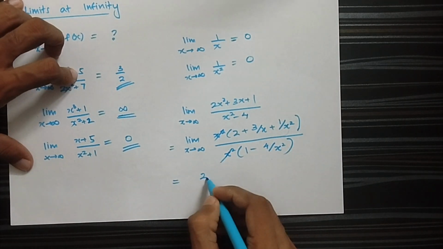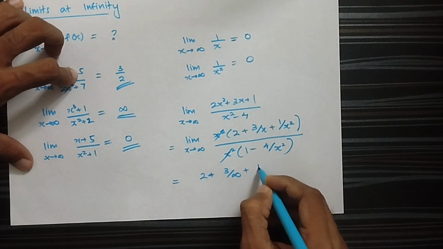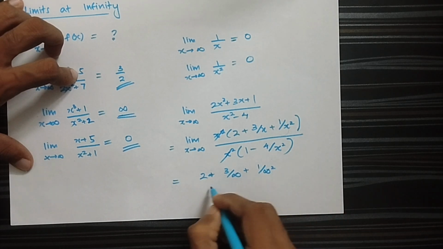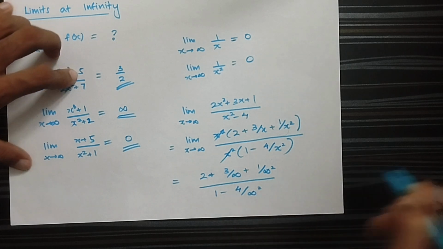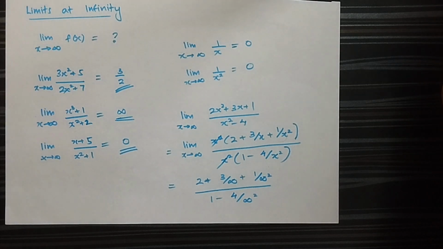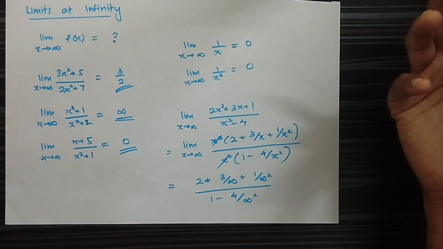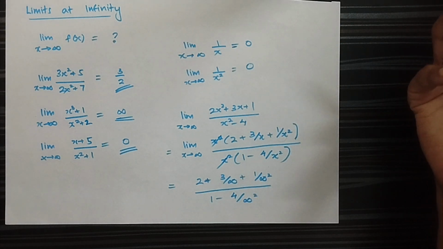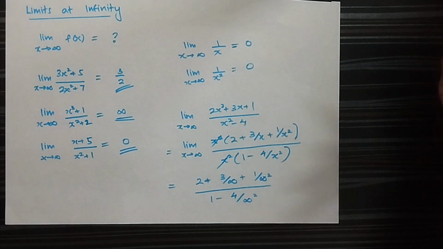If we apply that limit, we get 2 plus 3 by infinity plus 1 by infinity square, divided by 1 minus 4 by infinity square. I know infinity square doesn't make sense, but let's cope with it for now. We know 1 by infinity was 0. So what would be 3 by infinity? It is also going to be 0, because 3 and 1 and 2, everything is really insignificant compared to infinity.